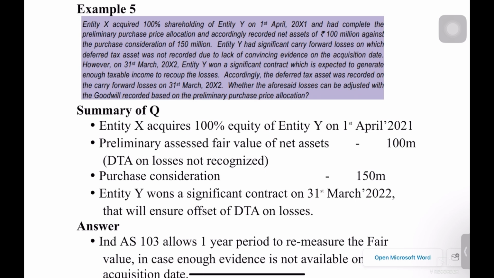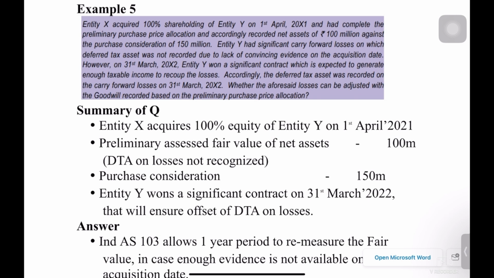And purchase consideration is fixed at 150 million. But subsequently, post acquisition, within 1 year from the date of acquisition, entity Y wins a significant contract on 31st March 2022 that will ensure to set off all the deferred tax asset on the losses, because the significant contract booked will give sufficient profit over the period of time.